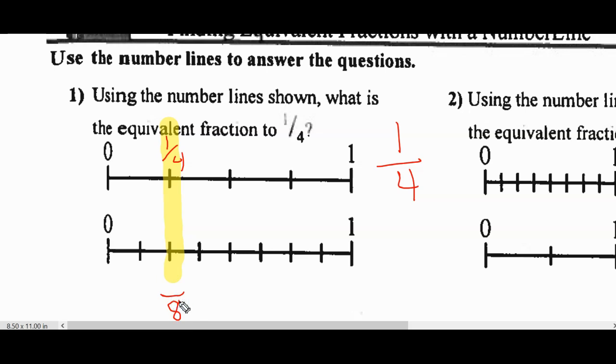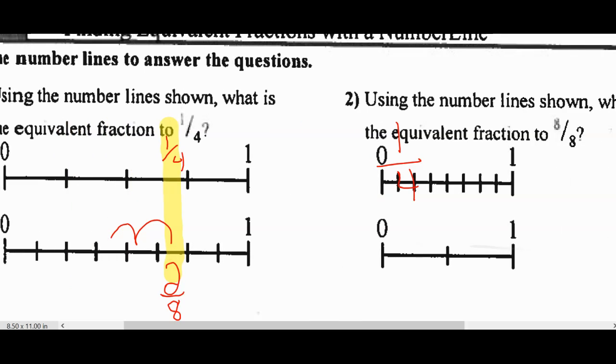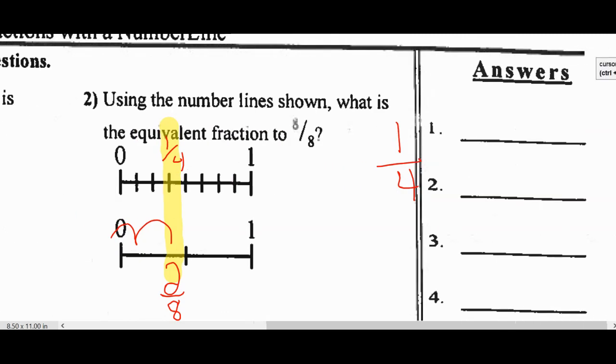Okay. But I need to go from 0 to the line that I highlighted, right? 1, 2. So what's my numerator? 2. So 1/4 is equivalent to how much? 2/8. So then you're right. 2/8 right here.